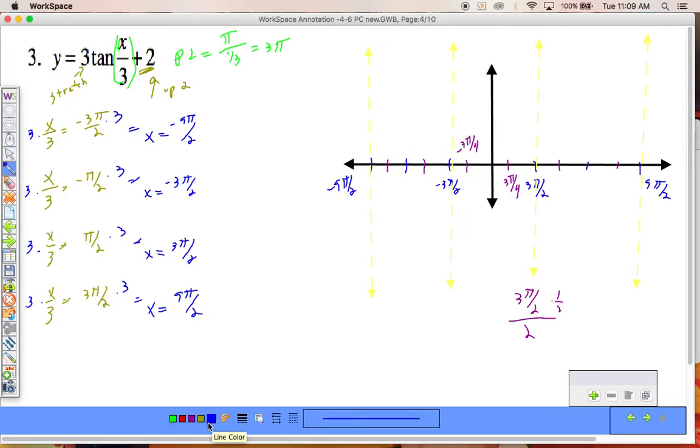All right. We are going to take that first value and substitute it in. So I'm going to go 3. Let me get a different color. Y equals 3 times the tangent of -3 pi over 4 divided by 3 plus 2. -3 pi over 4 divided by 3 is going to be negative pi over 4 plus 2.